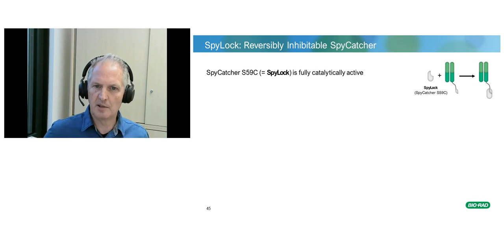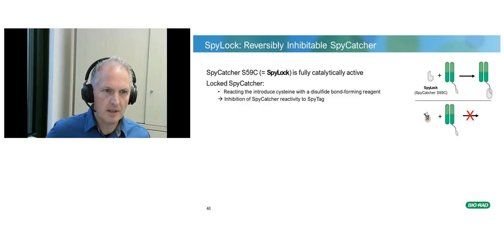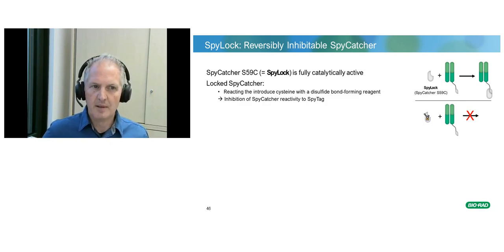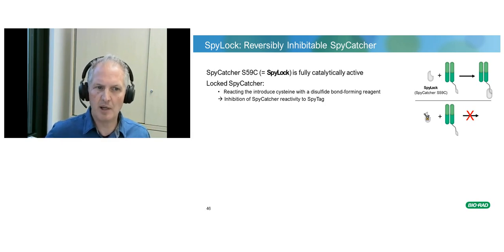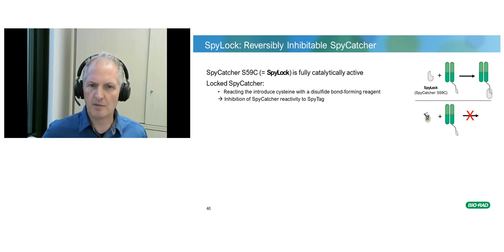So if we add a SpyTagged Fab to SpyLog, then we get the coupled product. However, if we let this cysteine of this SpyLog react with a small disulfide forming reagent like Ellman's reagent or with this activated biotin, then the SpyCatcher is inhibited and does not react with the SpyTag anymore, symbolized here with this lock around the SpyCatcher.